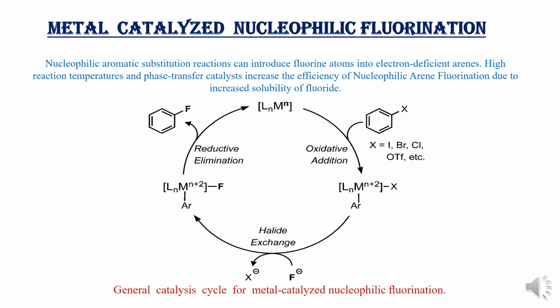This is the general catalytic cycle for the metal catalyzed nucleophilic fluorination. Here, the fluorination was carried out by first the oxidative addition, followed by the halide exchange process, and further by reductive elimination we get our desired product.